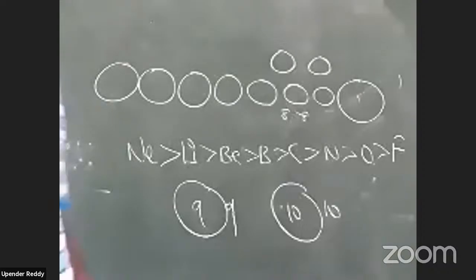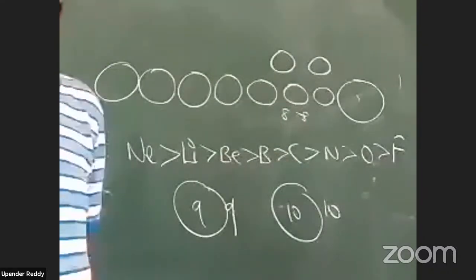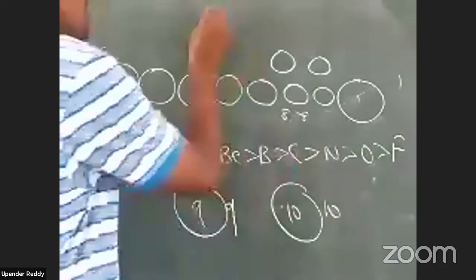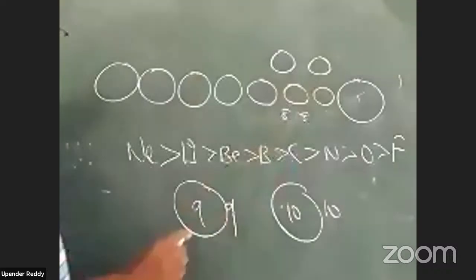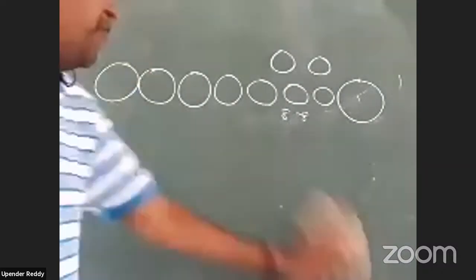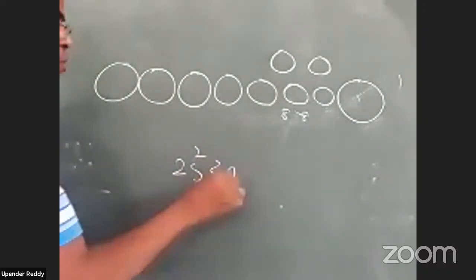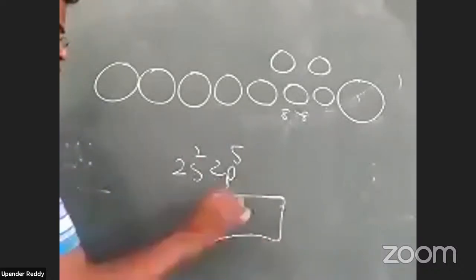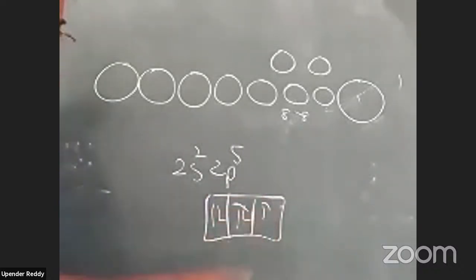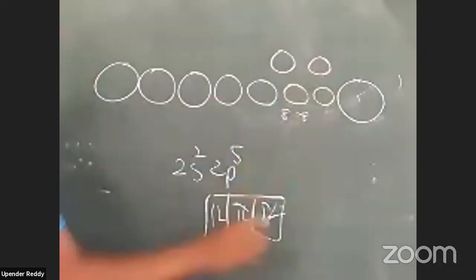You have to catch my point. Why does the size increase suddenly in neon? Because up to fluorine, listen to me, only 2p5 is there, 2s to 2p5. Whenever you come to neon, the electron joins here.